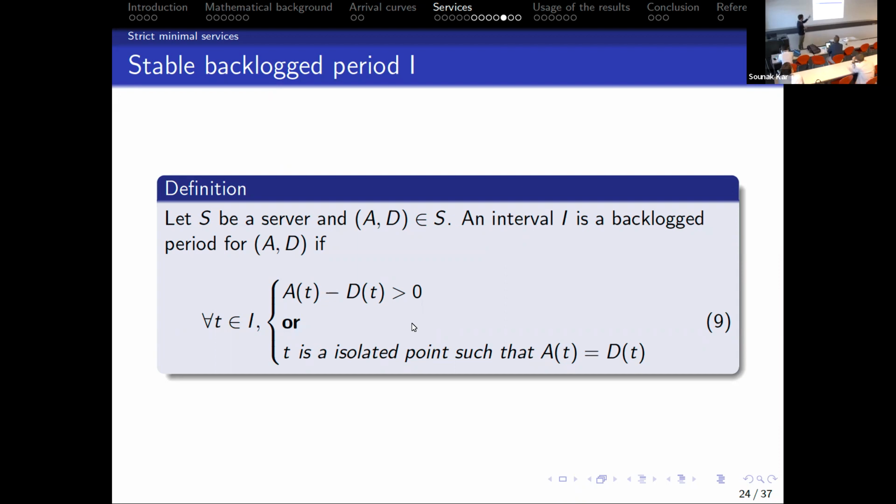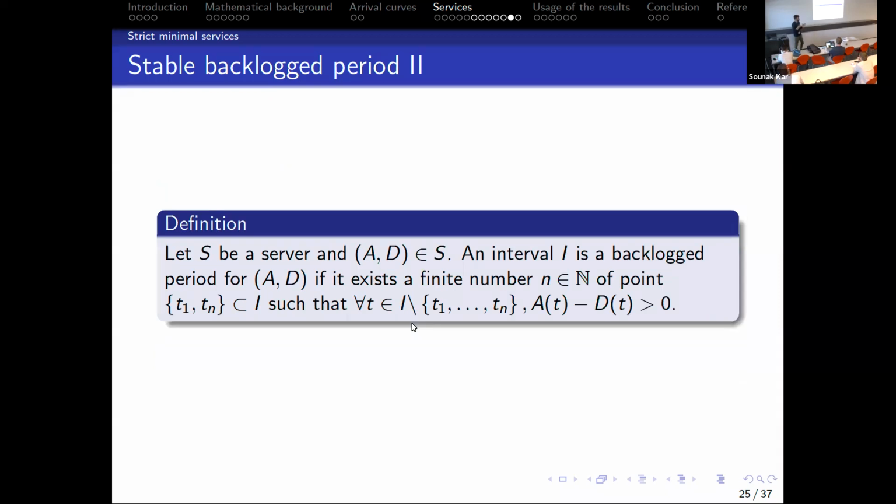The first one is very similar to the current one, but it doesn't take into account the isolated points such that there is equality between A and D. The second one is a bit more general, because we can consider that there exists a finite number of points in the interval such that there is equality. These are two different definitions and we don't know yet which is the best, but we have equivalence between the left and right worlds with those definitions.